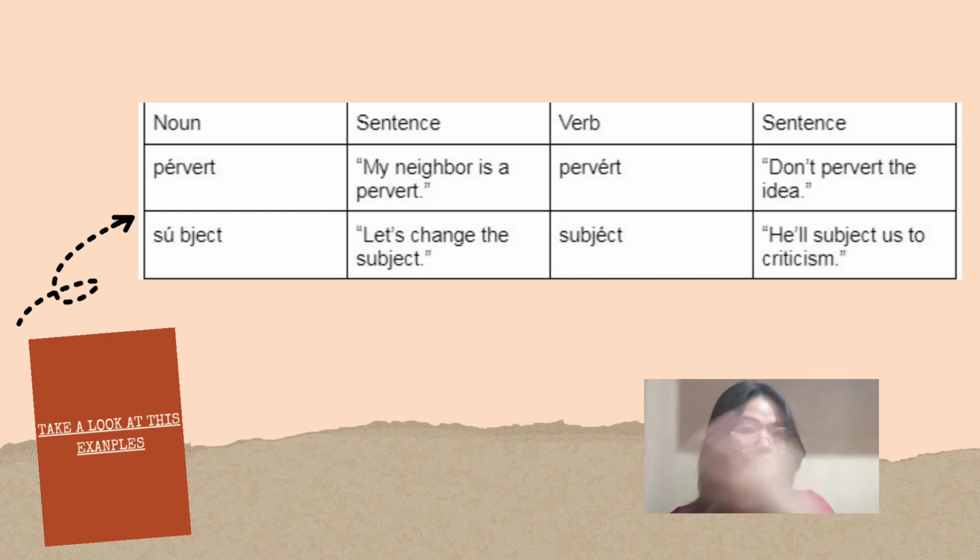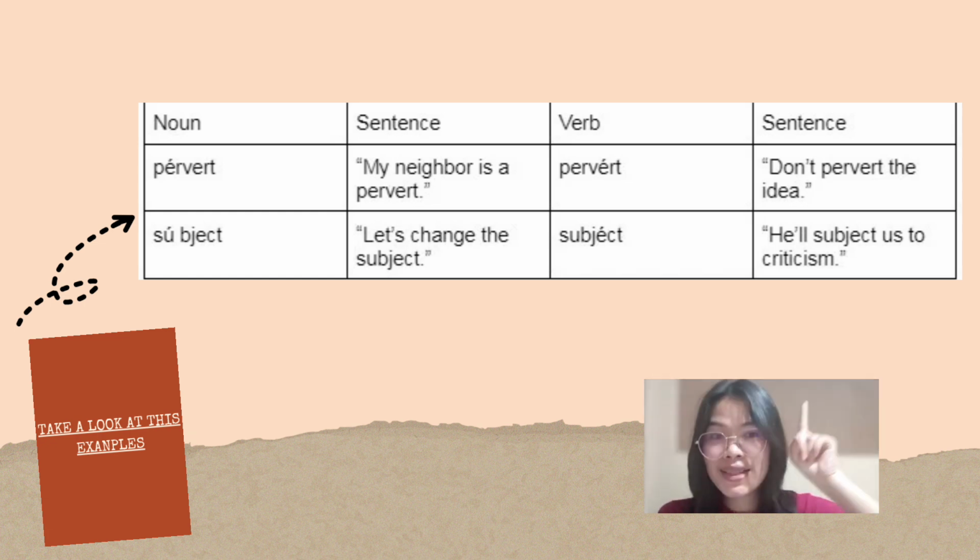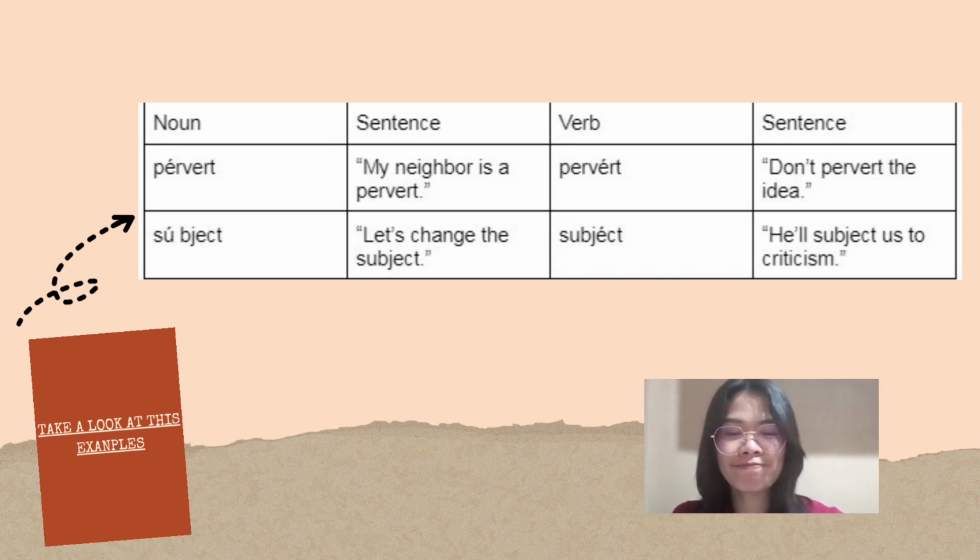And with the verb, the stressed syllable is on the second syllable, like for birth and subject. So those are the markings of stressed syllables on nouns and verbs as shown above.